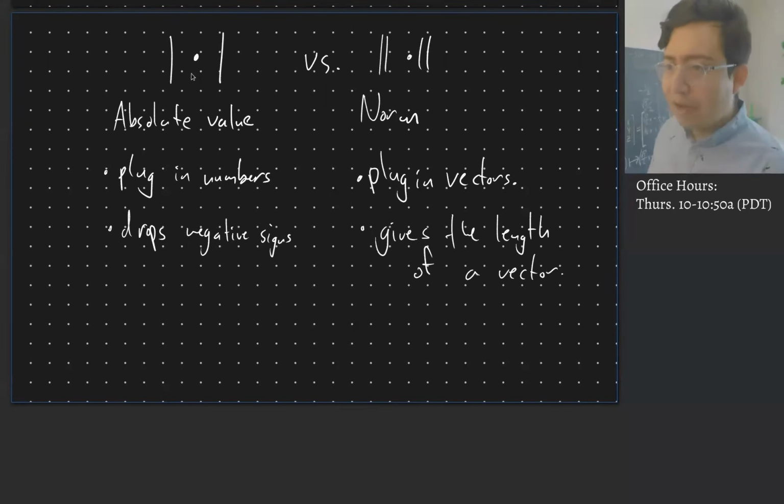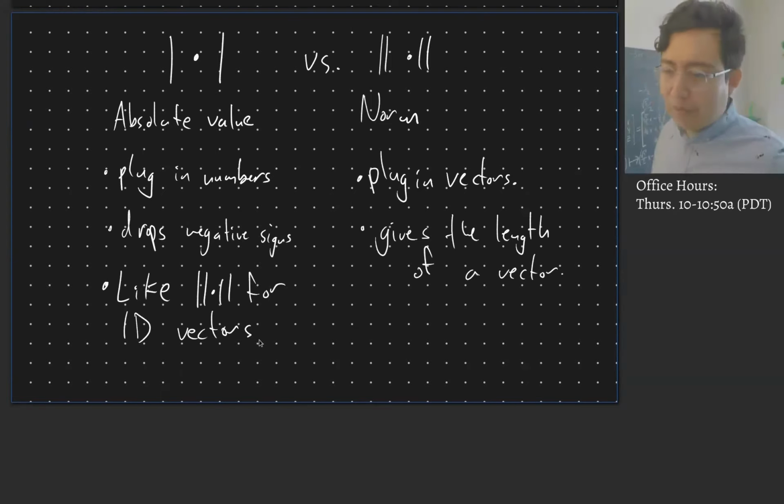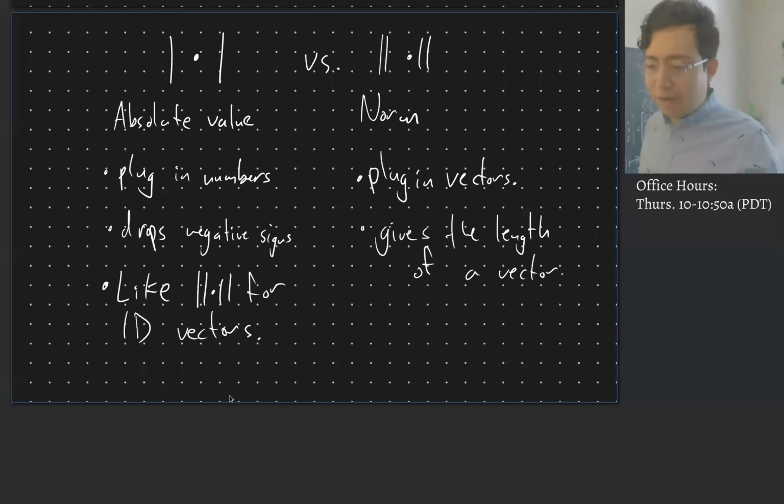Another way to see how they are related is to think of the absolute value as the norm for one-dimensional vectors, which is a little weird to think about. But if you think of a point on the number line as the vector from the origin to that point, the length of that vector is just the absolute value of that number.